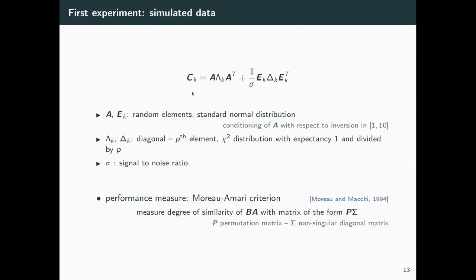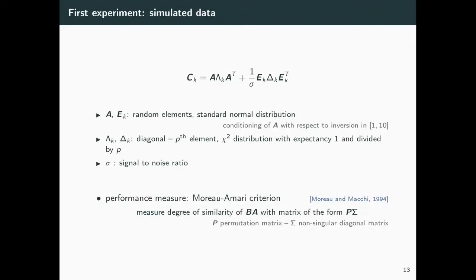We have simulated some matrices, some target matrices plus some noise here, and to measure the performance, we have used a classical Moreau-Amari criterion, which measures the degree of similarity of BA with some permutation matrix multiplied by a non-singular diagonal matrix. If we have a matrix of this form, we have a perfect solution to the problem.